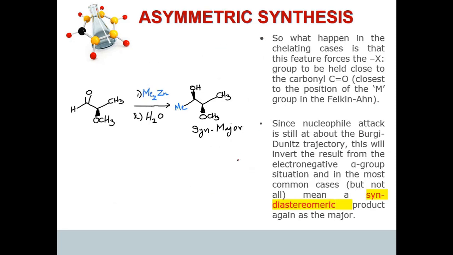Now, what happens in the chelating cases is that this feature forces the X group to be held close to the carbonyl carbon, almost to the position of the M group in the Felkin-Anh. Now, here, since nucleophilic attack is still about the Bürgi-Dunitz trajectory, this will invert the result from the electronegative alpha group situation, and in most common cases you end up with a Cram product as the major product.